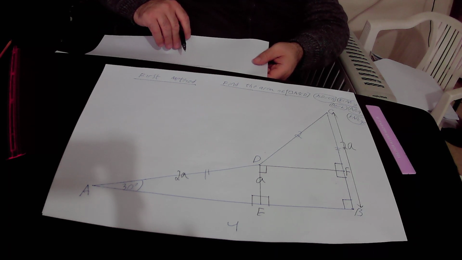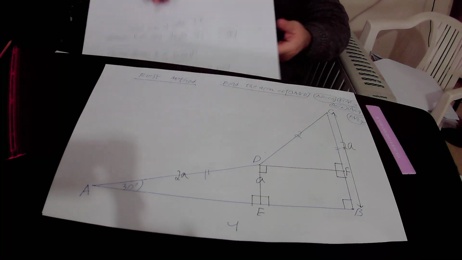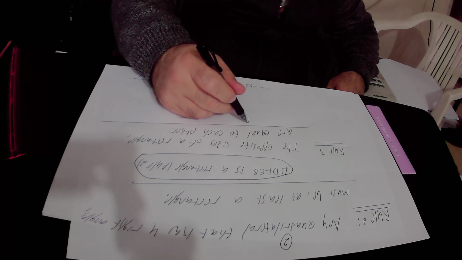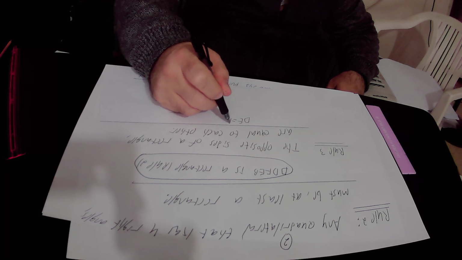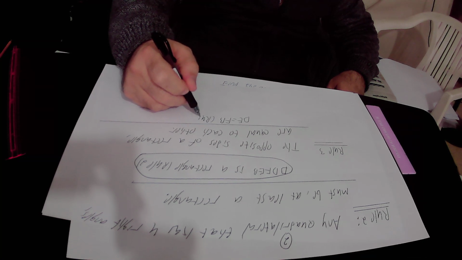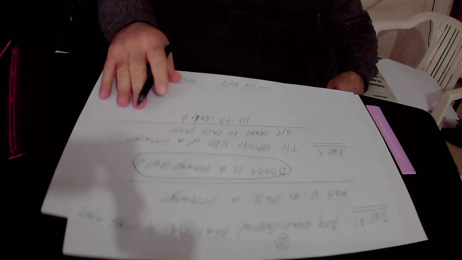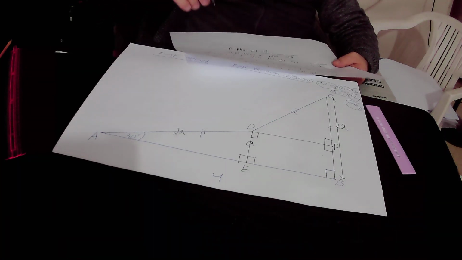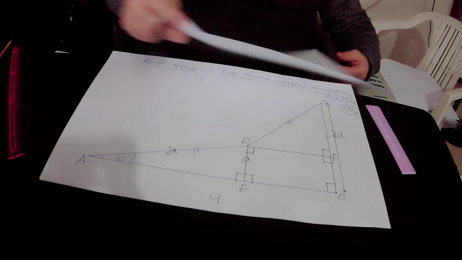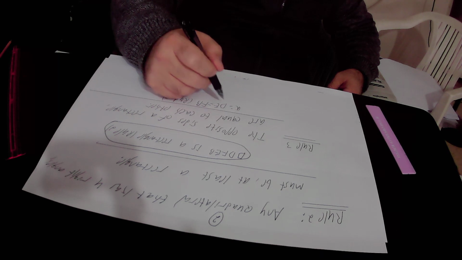According to rule number 3, DE equals FB, but we already know that DE equals A. According to our definition, DE equals A units.